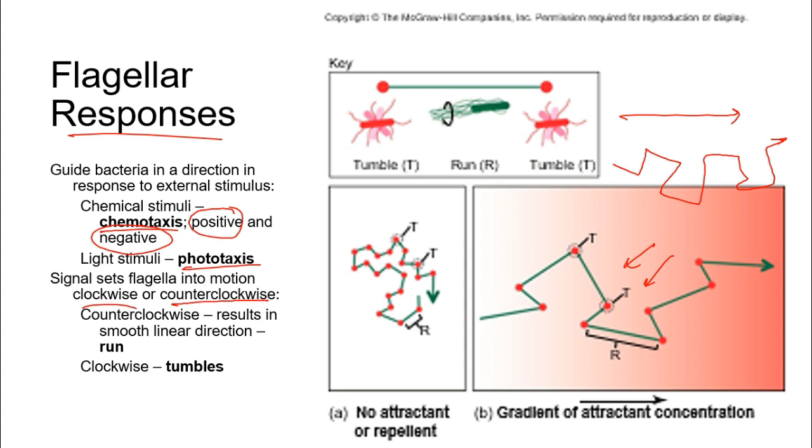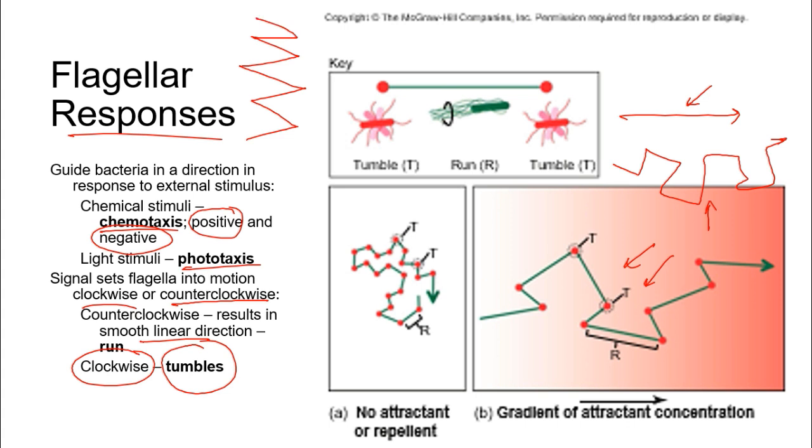If the motion is counterclockwise, that results in a smooth linear direction. If the motion is clockwise, that results in a tumbling motion. So either, as I said, a straight motion or a tumbling motion, like this. It's not even zigzag, because zigzag means changing direction alternately. That's not the case.